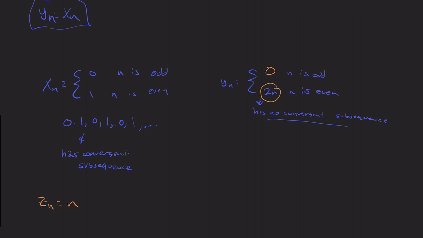So let's consider w_j is z_{n_j}. Well, then this is just n_j. Now, since n_j is strictly increasing, that's greater than j.